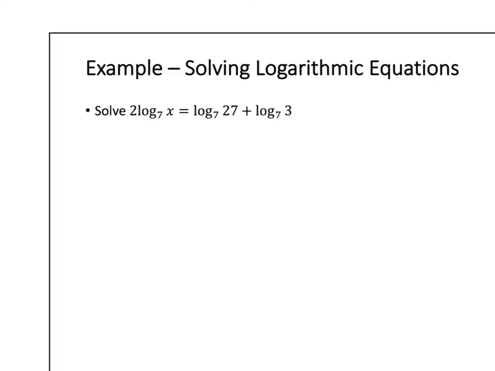All right, so let's take a look at this first equation that we're given. All right, now the first thing that I want to do is I want to take care of the right side of this equation.